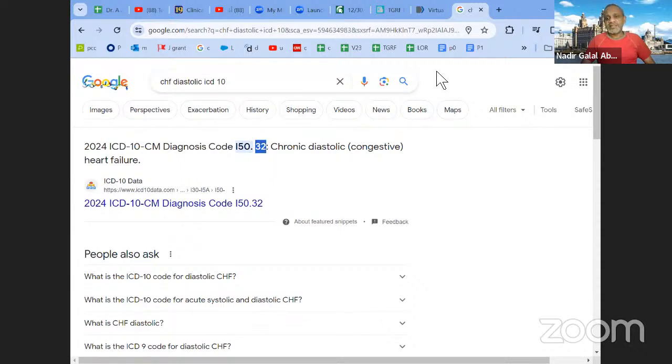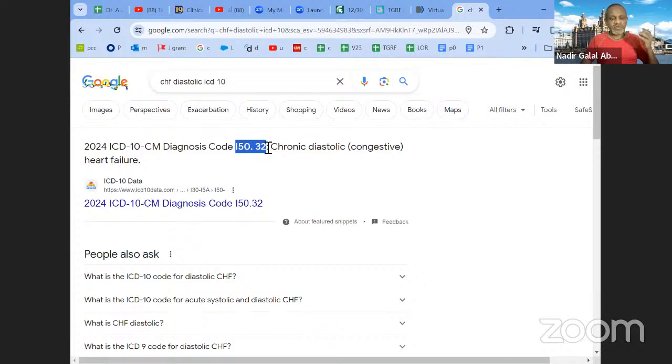So, when you want to look at the chart from an electronic point of view, you want to collect your data from the chart. It's a faster way of looking at patients with, let's say in this case, congestive heart failure, chronic, diastolic. So I'm going to just use this code and give it to the IT team.